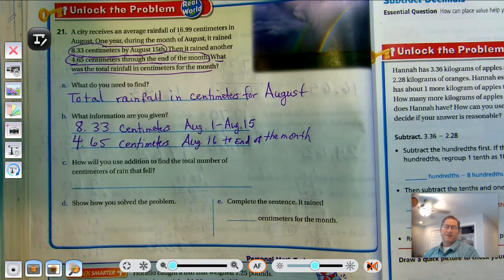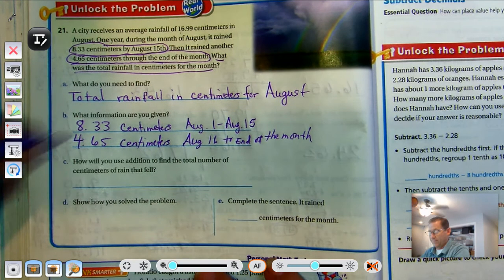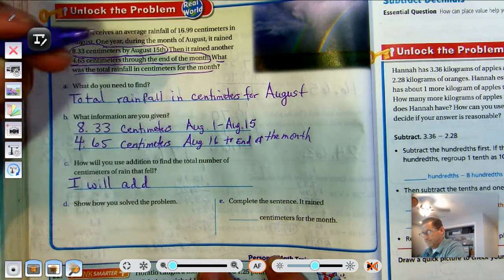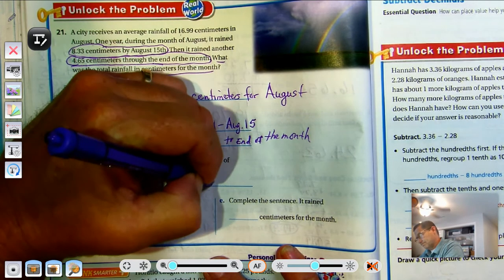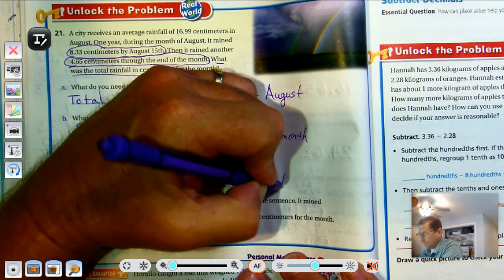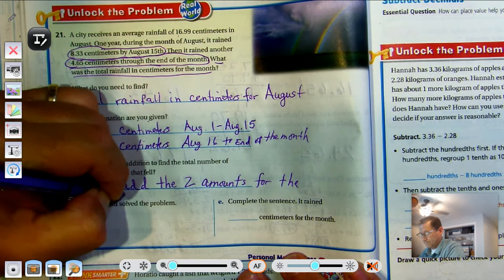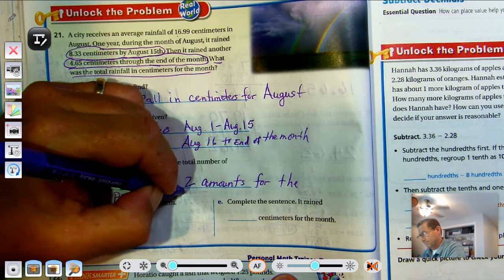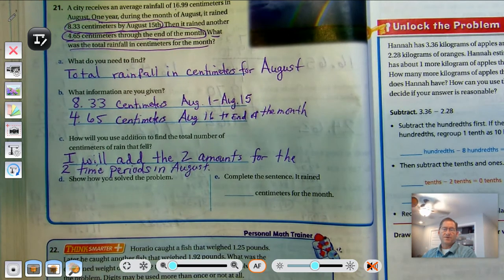How will you use addition to find the total number of centimeters that rain fell? Well, you're just basically going to add the two values, right? Just add the two amounts for the two time periods in August.